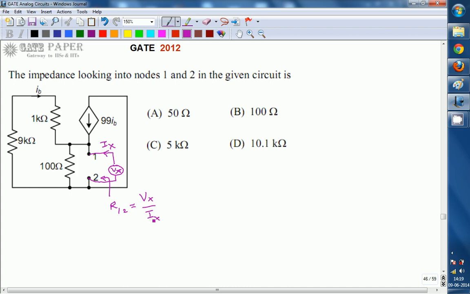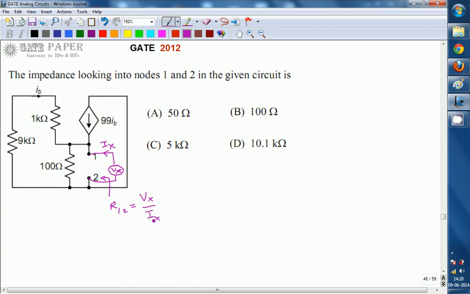You must apply a known voltage source across those two terminals, and then some current flows. You calculate the current drawn from the voltage source, and the ratio Vx by Ix, test voltage by drawn current, gives the effective impedance between those two nodes.